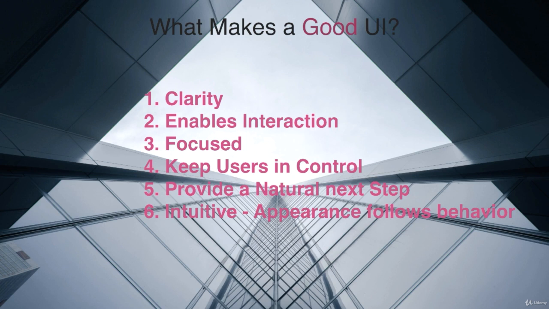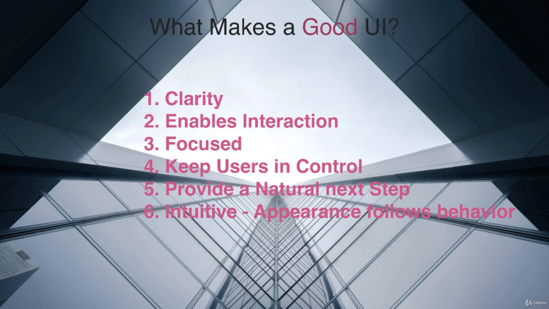But if that doesn't happen, then we are not making this natural second step natural, right? So we are breaking the cycle, if you will. So you have to make sure that the user interface provides a natural second step. Users need to know intuitively what comes next as they interact with your device or application.